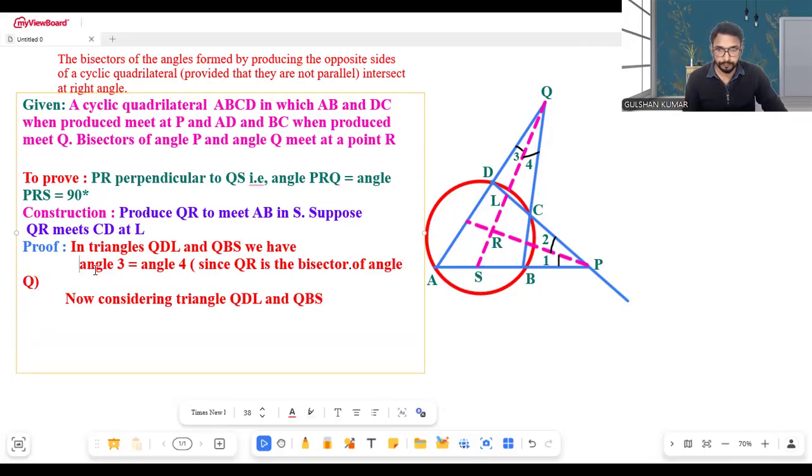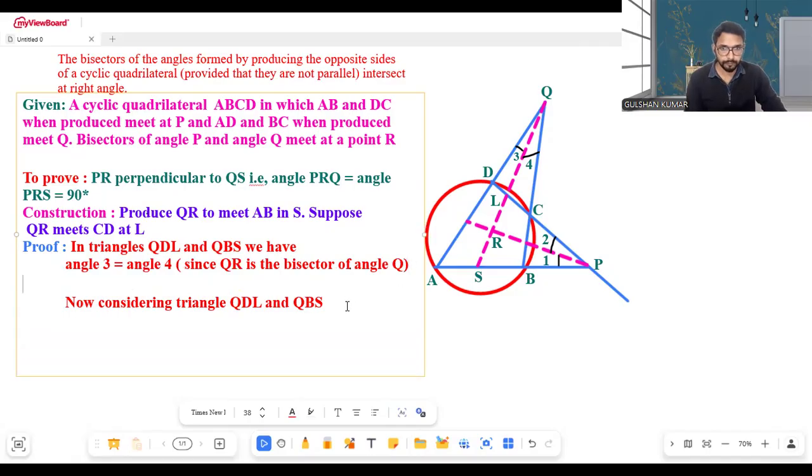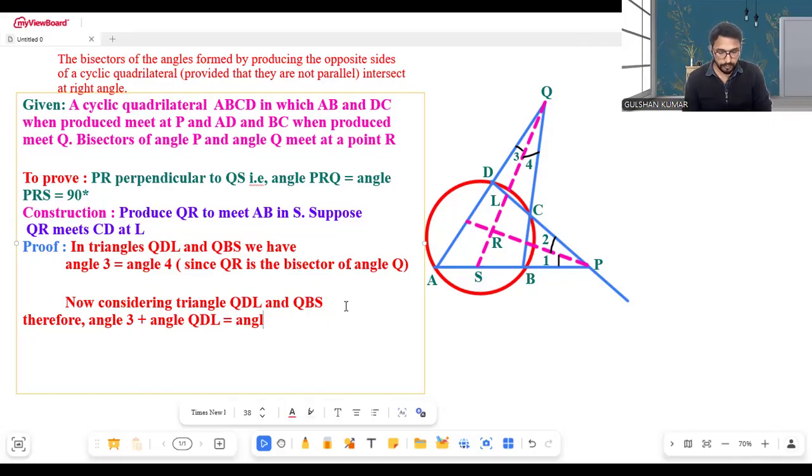Therefore, angle 3 plus angle QDL equals angle 4 plus angle QBS.